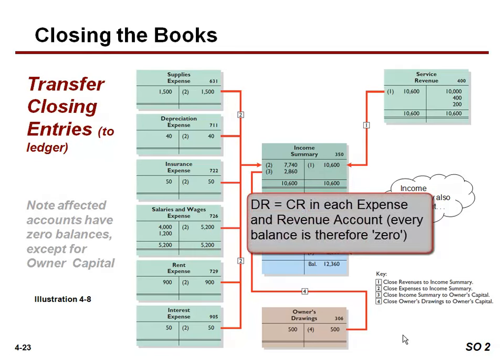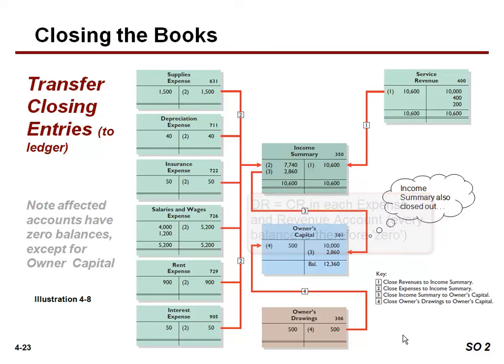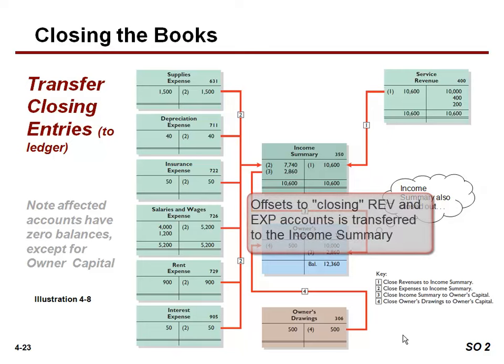The closing entry on the prior page had us debit service revenue, $10,600, and credit income summary, $10,600. The effect of that is to equalize the debits and credit values in service revenue, or render that account to have a zero balance.